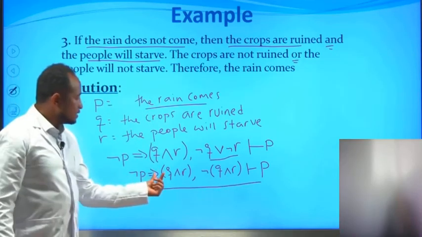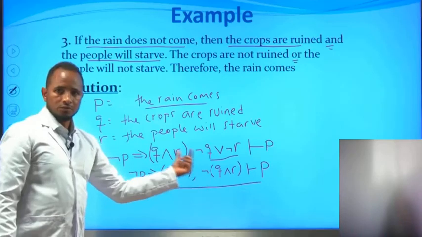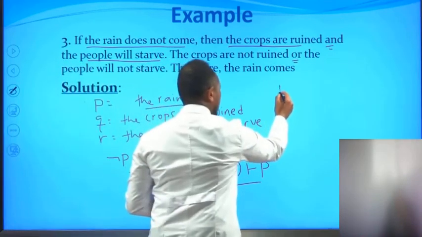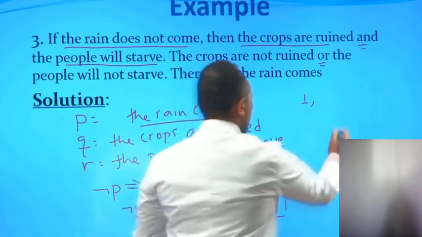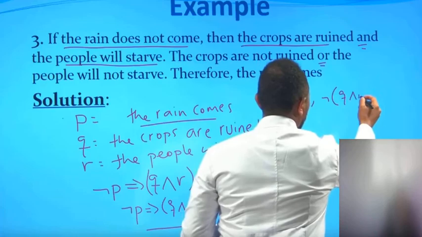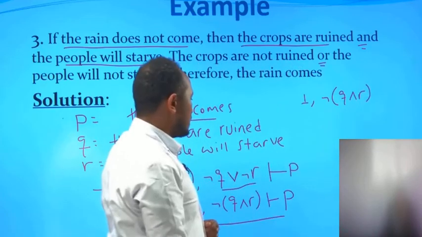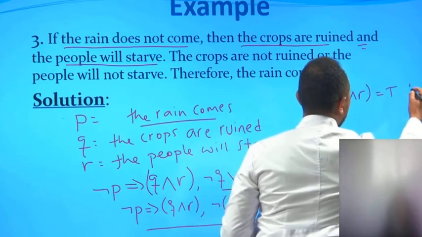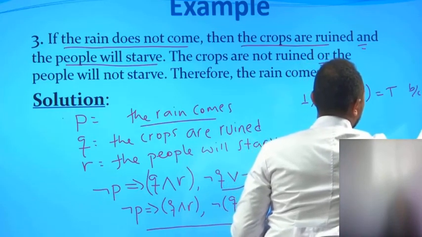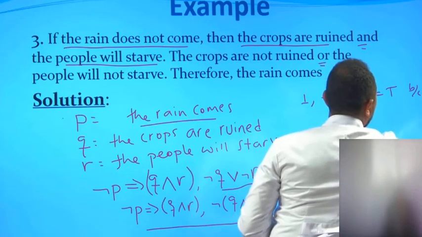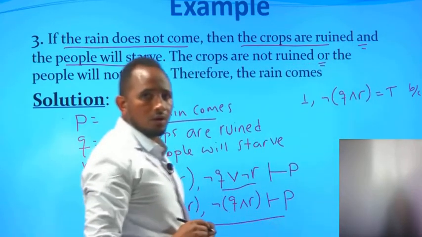To check this validity, we assume the premises to be true. So let's take negation of Q and R. Negation of Q and R is true because it is a premise.